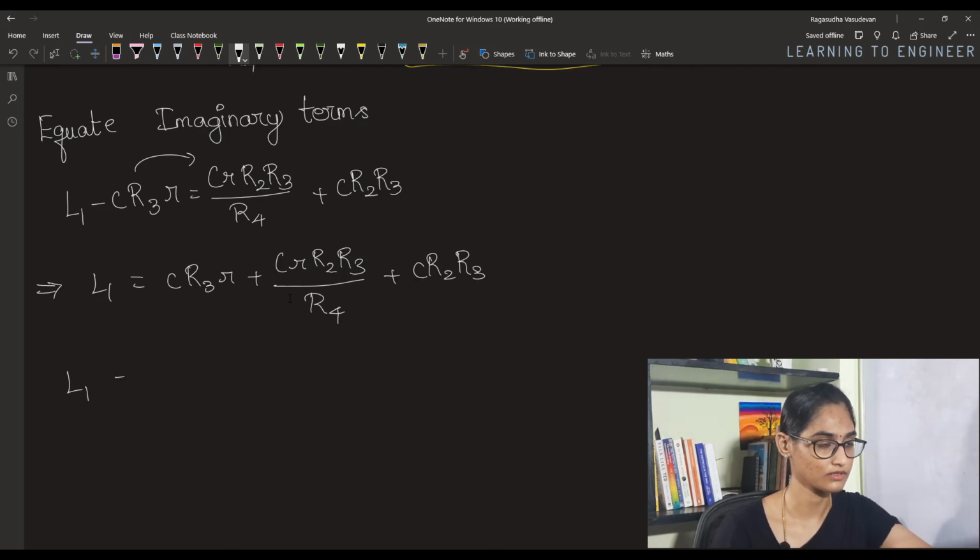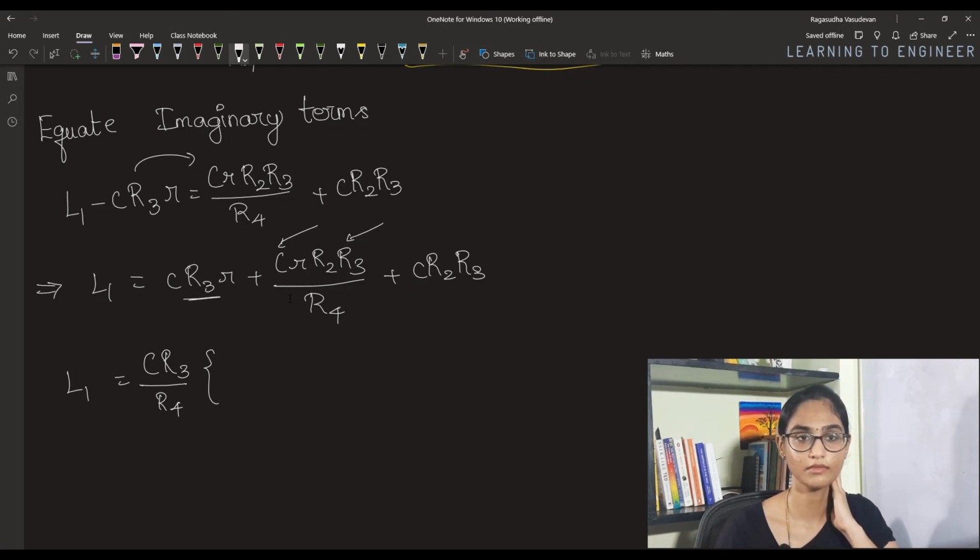So L1 is equal to, these terms C, R3 and R4 are quite common over here, so we are just taking it out. C R3 R4 into, we do not have a R4 term over here, so I am multiplying it by R4, small r into R4, so that when we just multiply inside the brackets, R4 gets cancelled and you will get the same value, plus small r into R2 plus R2 into R4.